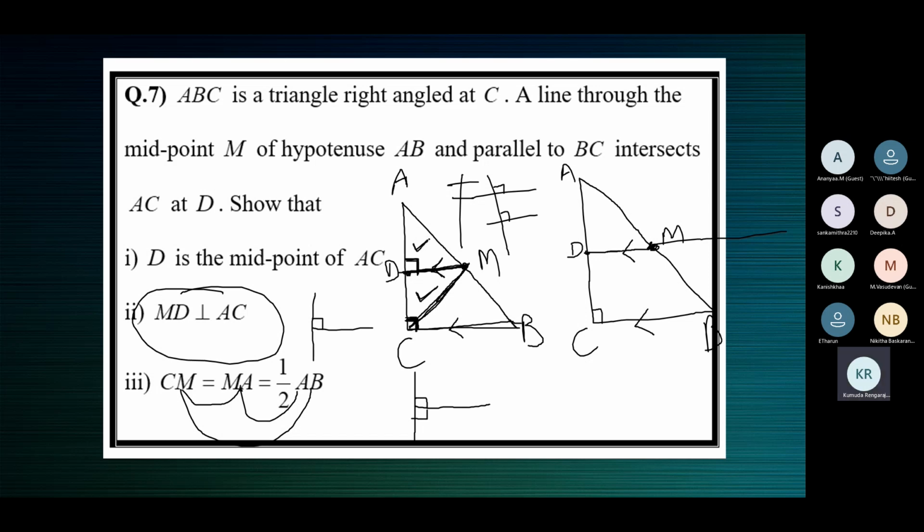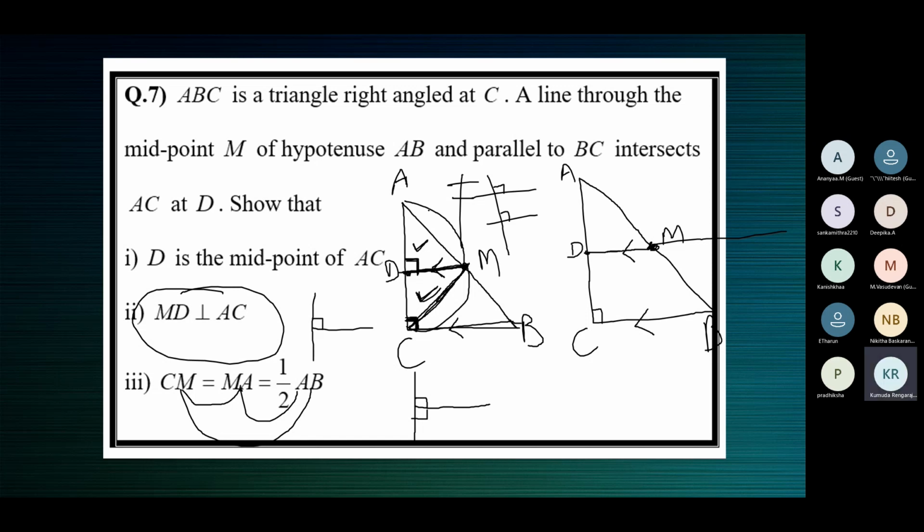We need to show that these two triangles are congruent to each other. So by CPCTC, you would have MA equal to CM, because triangle CMD will be congruent to triangle AMD. So CM is equal to AM, CPCTC.